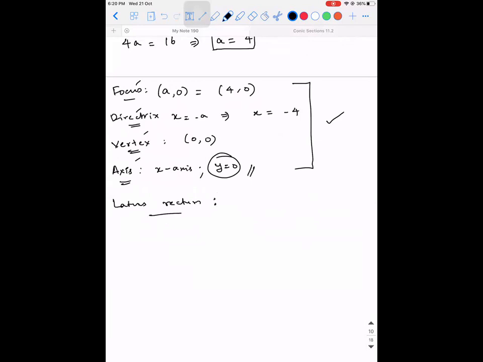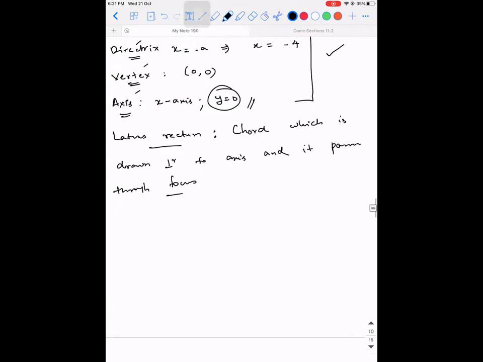So latus rectum is a chord which is drawn perpendicular to the axis and it passes through the focus.